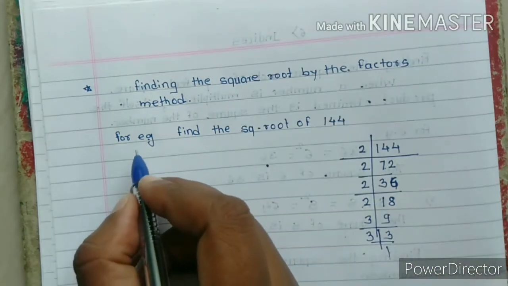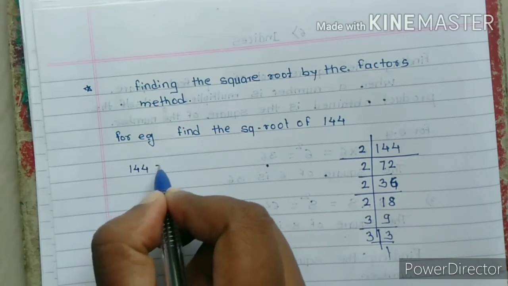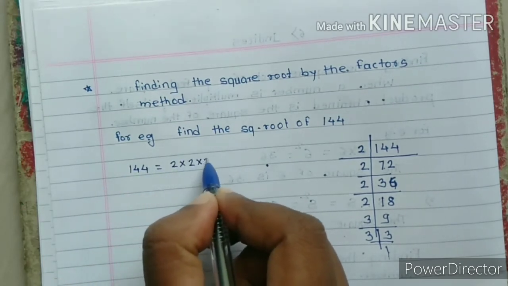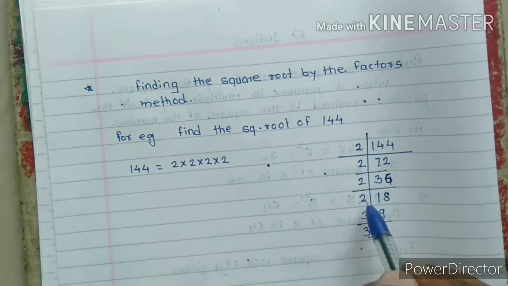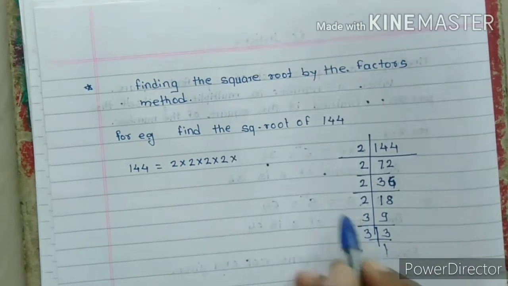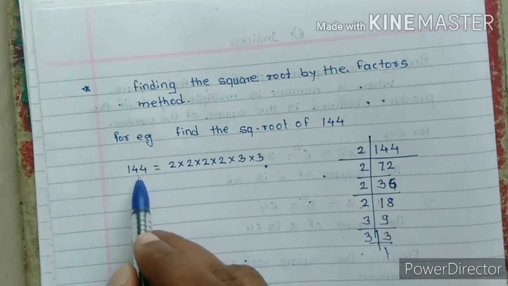Prime factors of 144 are 2 into 2 into 2 into 2, how many times? 1, 2, 3, 4, into 3 into 3.